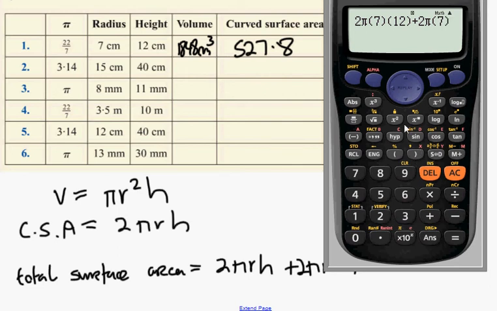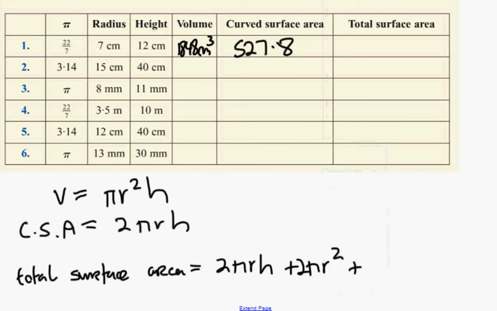Just put all that in and I get 266 pi, which ends up to be 835.7. Now, what you have to remember about units is it's centimeters cubed for volume, and centimeters squared for the areas.